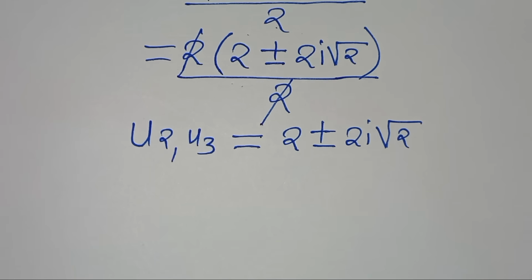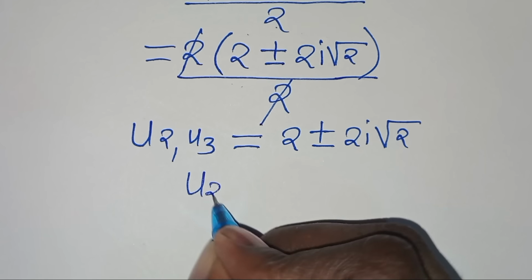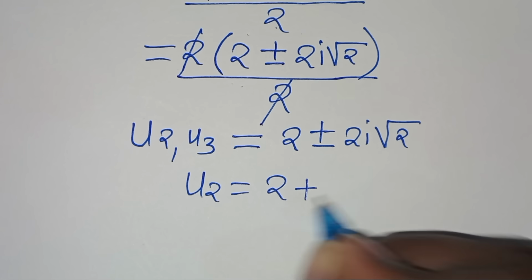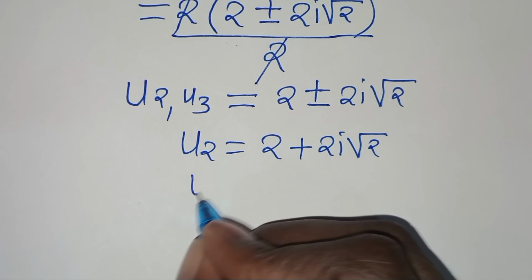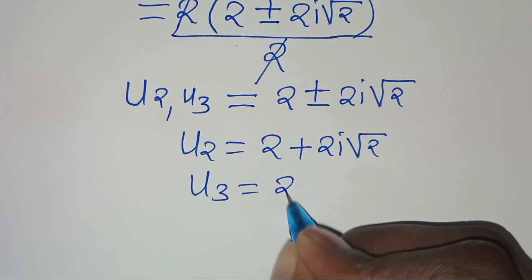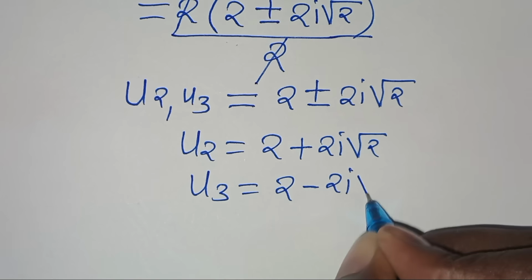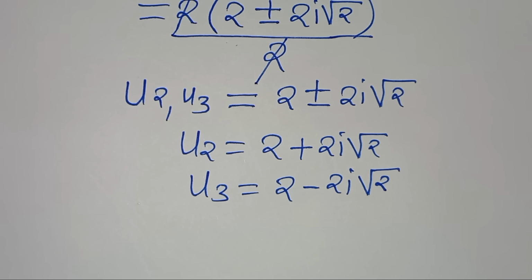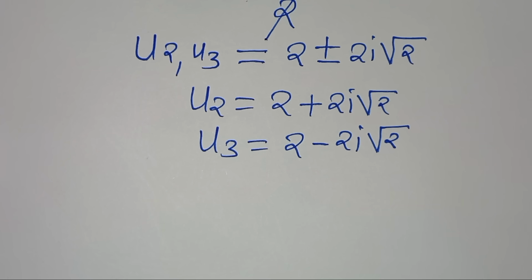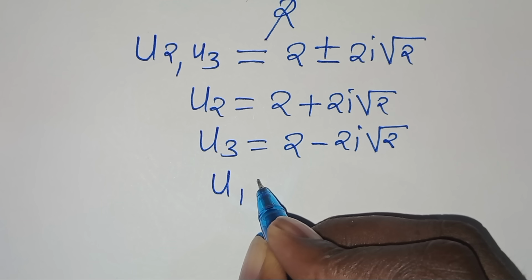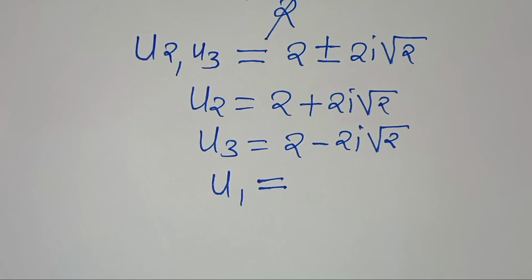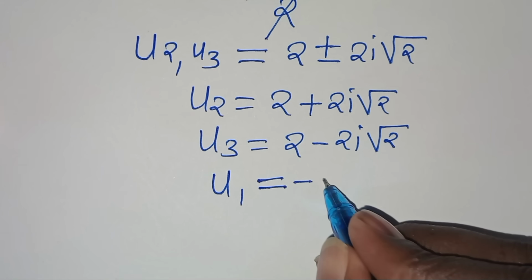So this means that we have u2, which is equal to 2 plus 2i square root of 2. Then we have u3, this is equal to 2 minus 2i square root of 2. Now, we have also u1. Remember u1, this is equal to negative 3.